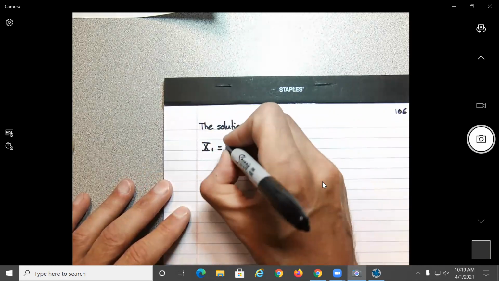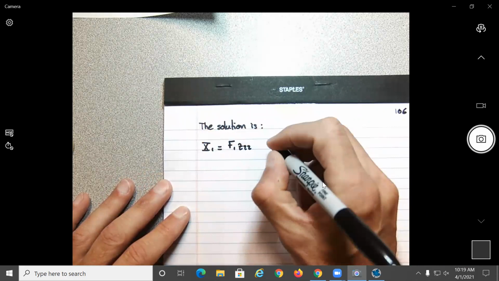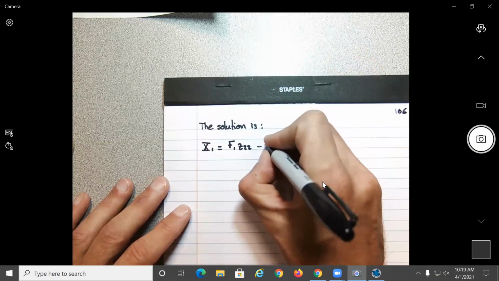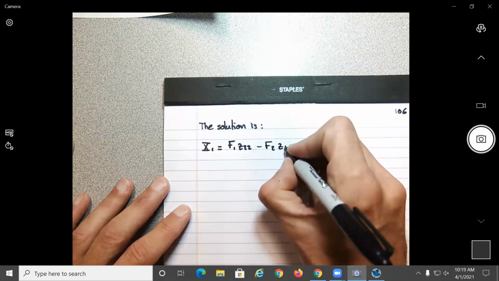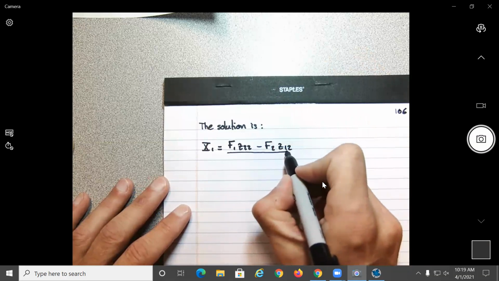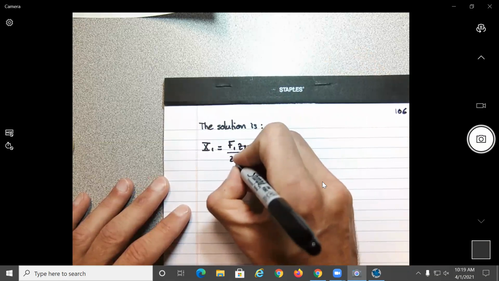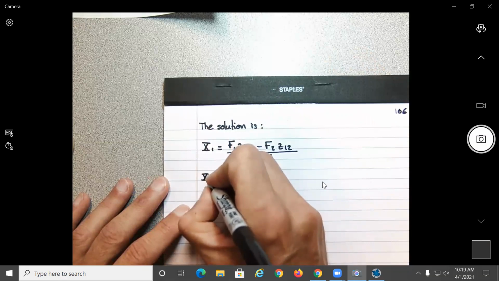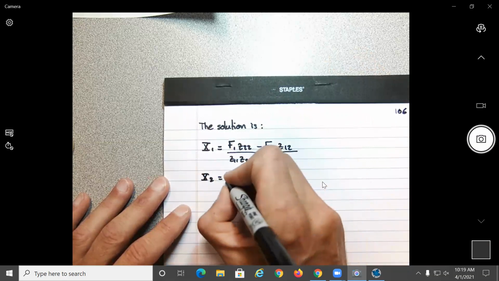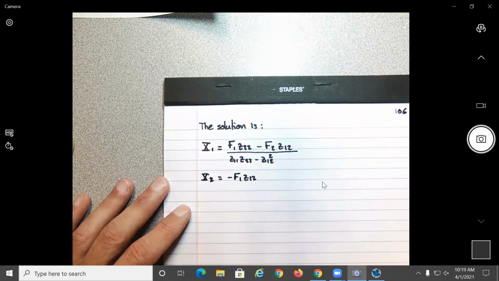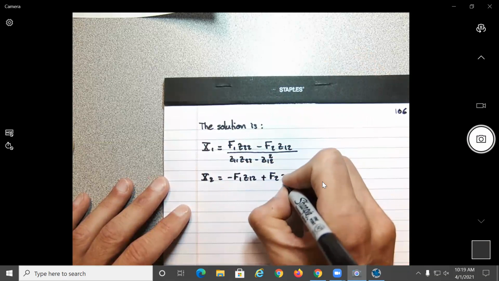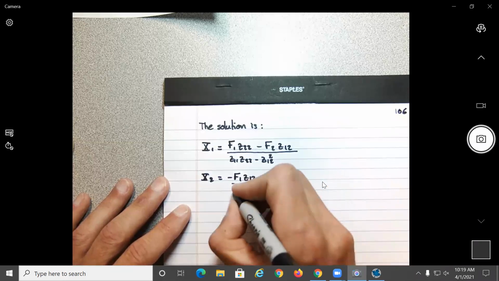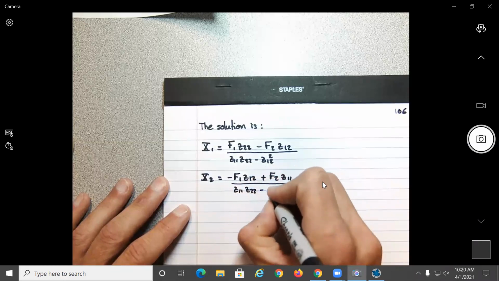We had x1 equal to f1 z22, I'm going to forget about the i omega, I'm going to be a bit faster, minus f2 z12, divided by z11 z22 minus z12 squared, and x2 equal to minus f1 z12 plus f2 z11, divided by z11 z22 minus z12 squared.